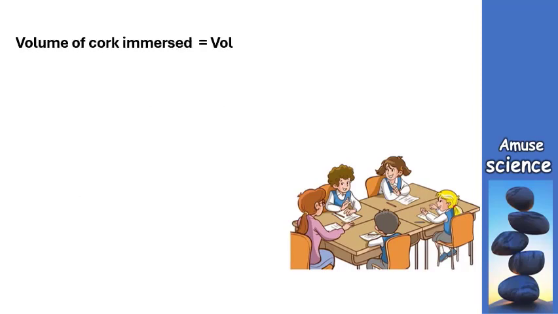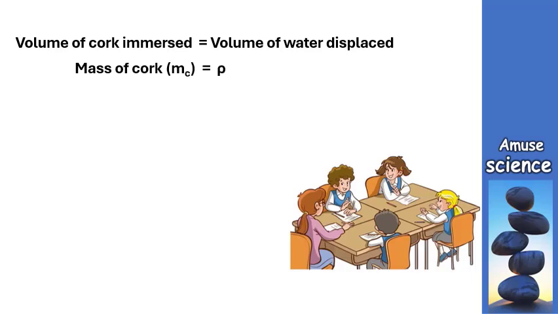We have already established that when a body is floating or is immersed in any liquid, it will displace a volume of the liquid, and the volume of the liquid displaced is equal to the volume immersed in the liquid. So in this case, we need to find the volume of the water displaced, and the volume of the water displaced is the same as the volume of the cork immersed in the water.